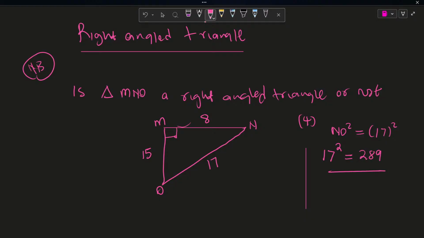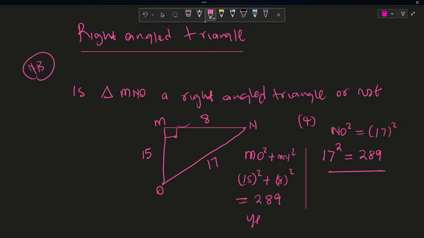That's what you have on this side. And then when you come this side and say MO squared plus MN squared, this is 15 squared plus 8 squared. When you press a calculator, you get 289.